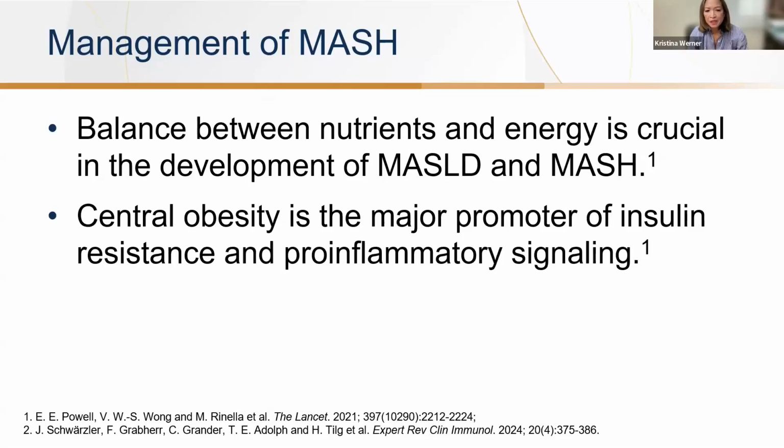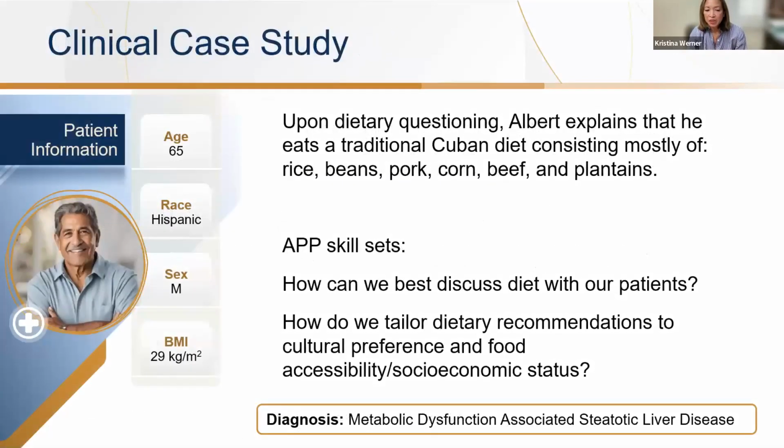So with our next patient, the case of our patient, Albert, we know that lifestyle modification is key. Let's go to the next slide. Looking at the clinical case, we have this patient, Albert, and we question him, because diet is also important. So we ask him about his diet, and he eats a traditional Cuban diet consisting of mostly rice, beans, pork, corn, beef, and plantains.